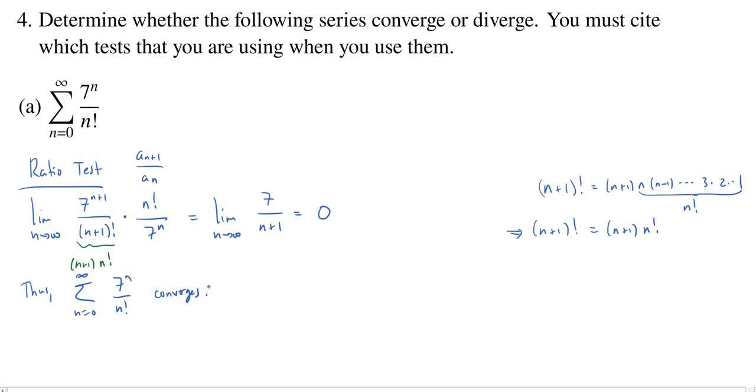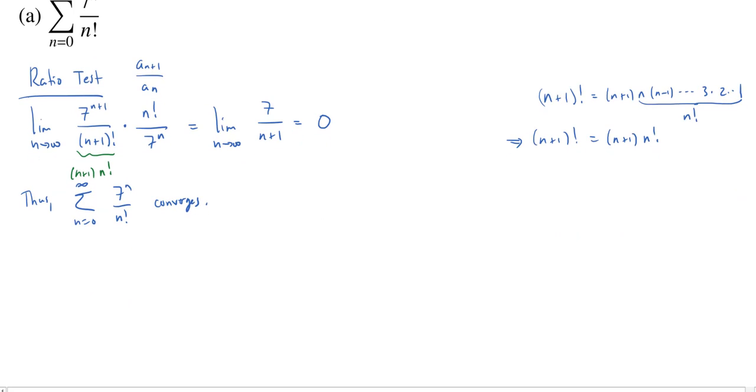What if we had tried the root test, though? If we had tried the root test, then remember, we'll be looking at the nth root of the nth term. So I take the limit as n goes to infinity of the nth root of, again, you should write absolute values, but everything is positive, so we can ignore that, 7 to the n over n factorial.